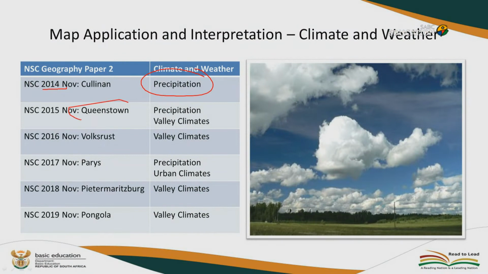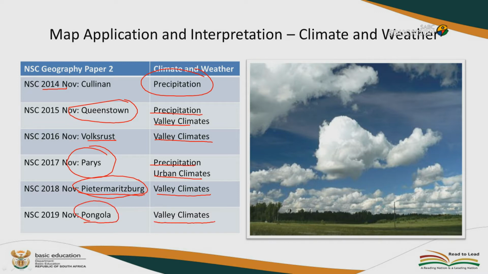In 2015, the map of Queenstown, precipitation again, type of rainfall, as well as valley climates. In 2016, on the map of Falkirk, the emphasis was on valley climates. In 2017, the map of Paris, again precipitation, as well as, for the first time, urban climates. In 2018's Geography Paper 2, which dealt with the map of Pietermaritzburg, you had valley climates. And in 2019, as early as last year, on the map of Pongola, the emphasis was on valley climates.